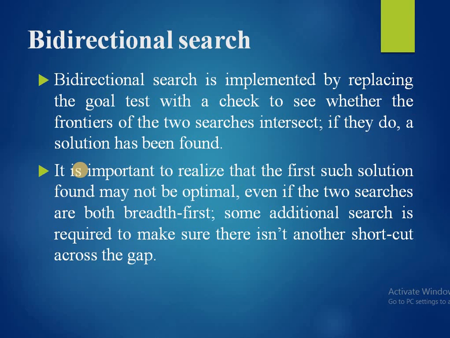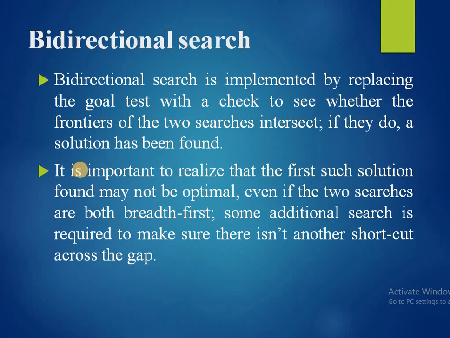The bidirectional search is implemented by replacing the goal test with a check to see whether the frontiers of the two searches intersect. If they do, a solution has been found.